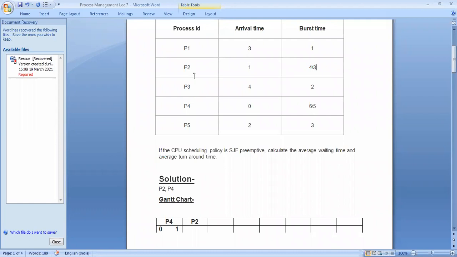After 2 milliseconds, P2, P4 and P5 are in the ready queue. Yes or no? So now after 2 milliseconds, P2, P4 and P5 are in the ready queue.